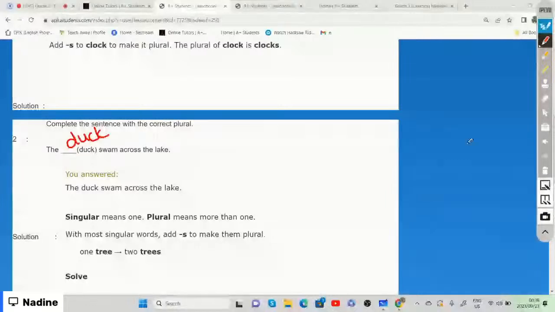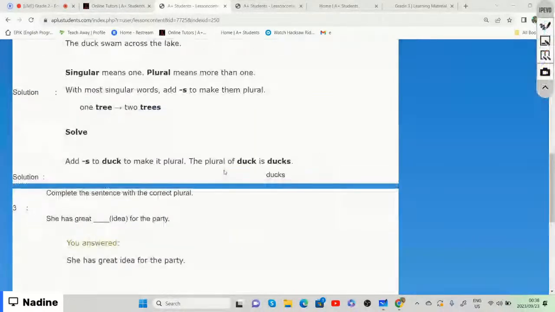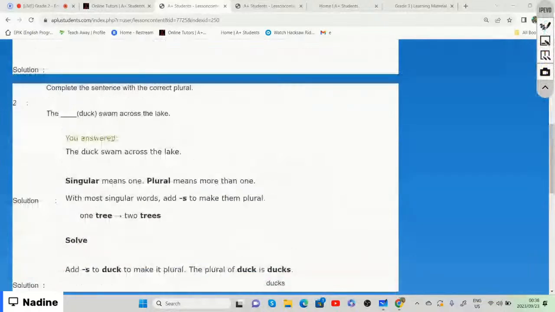So basically the word duck stays the same. But if we want to change that to plural form, we can say the ducks. You make it plural, so the ducks.